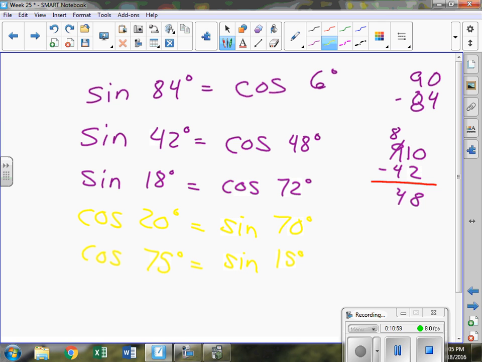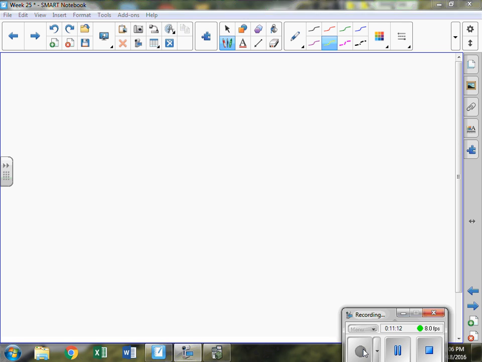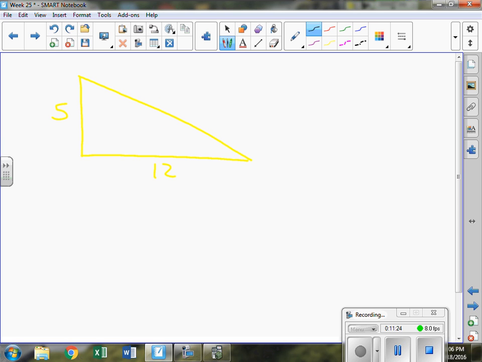A portion of our homework is based on this skill. This is using the cofunction theorem. A more significant part, why is it true? Okay, let's consider this triangle. We'll start off with the Pythagorean triple, 5, 12, and 13.